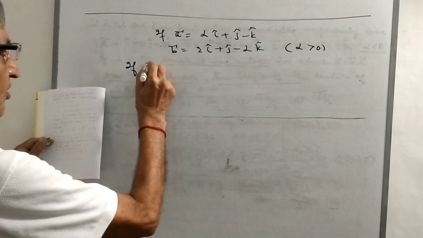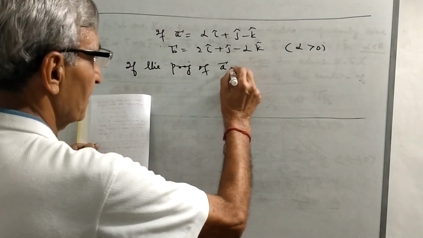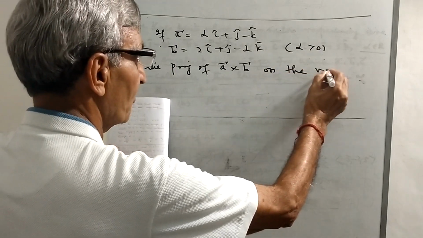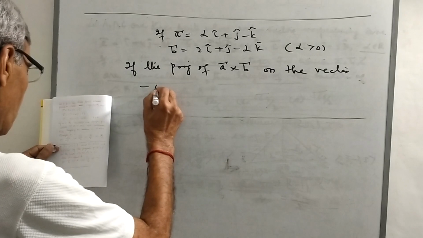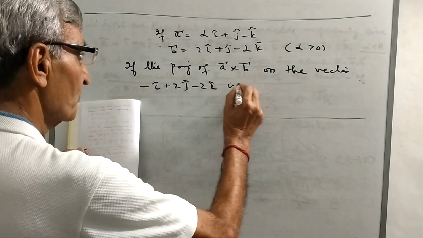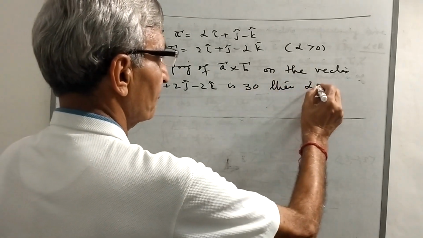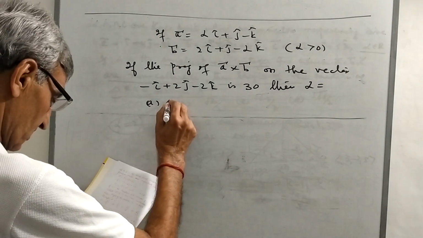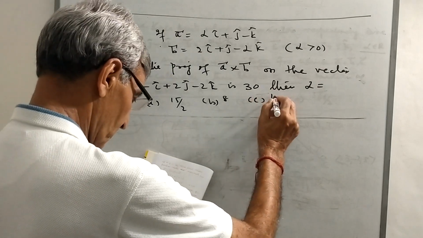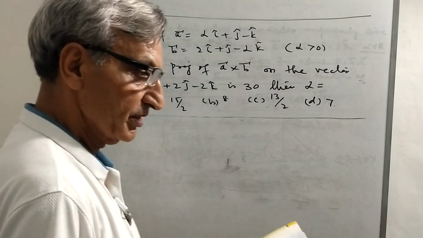If the projection of A cross B on the vector minus i plus 2j minus 2k is equal to 30, then what is alpha equal to? The answer options are 15 by 2, 8, 13 by 2, and 7. This is the question.